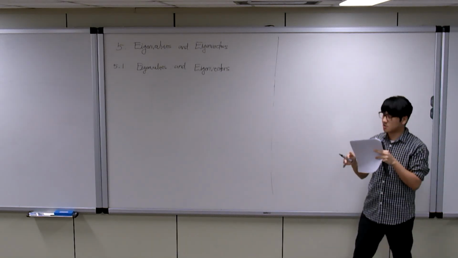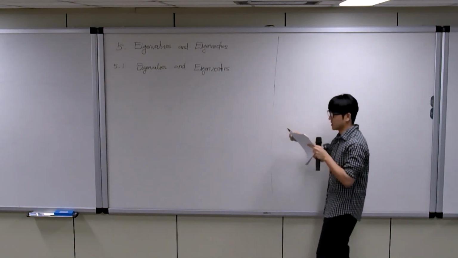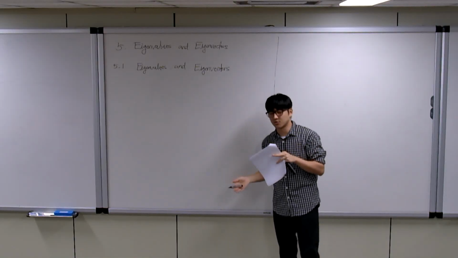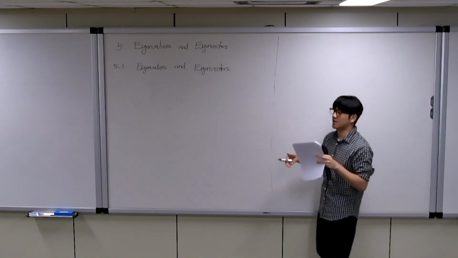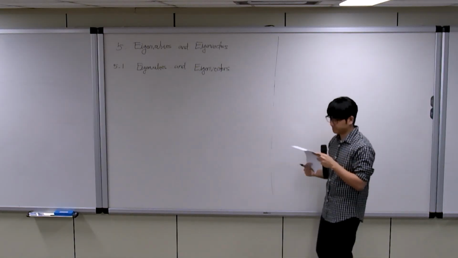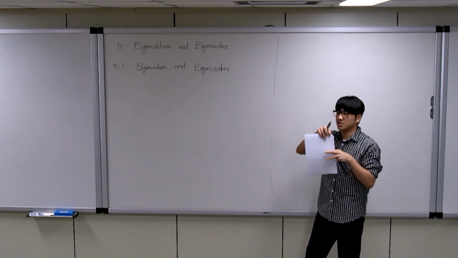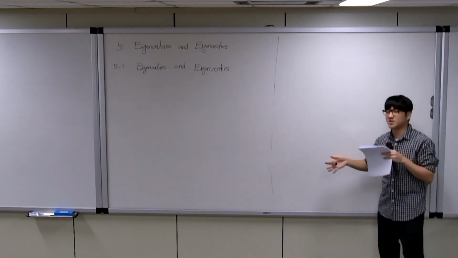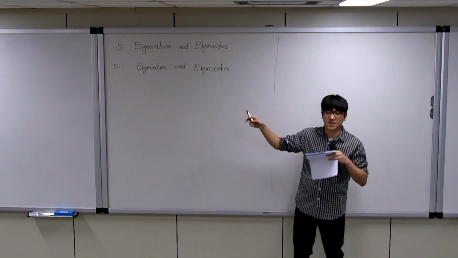In this section, we will define what eigenvalues and eigenvectors are, and these are very useful to understand a matrix or linear transformation or any object in linear algebra. So why we need to consider this notion is that, in my opinion, it is to analyze a large matrix.